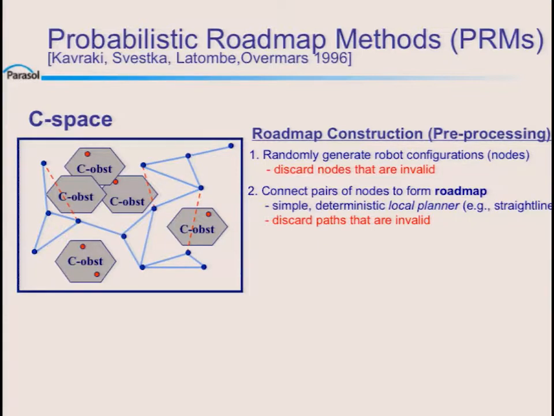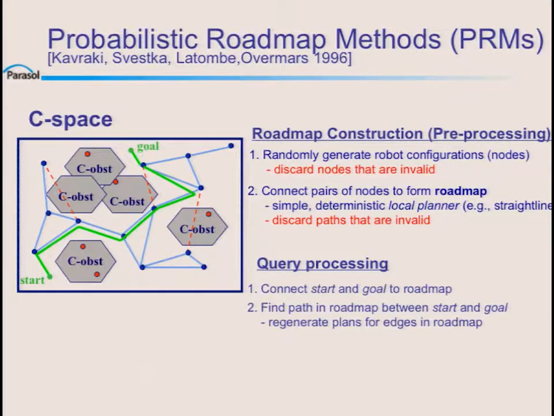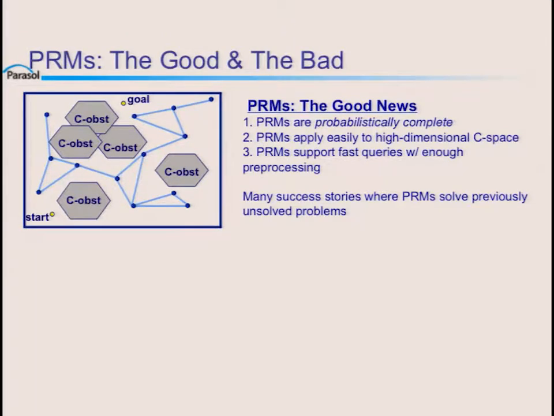And you do this all in pre-processing without any idea of what the query will be. Then later in query processing, you have your start and your goal configurations. You connect them to your roadmap, this graph, and then you can use your favorite graph search technique to pull out a path. This was a very revolutionary idea when it came forward, and it allowed us to solve problems that we hadn't been able to solve at all.